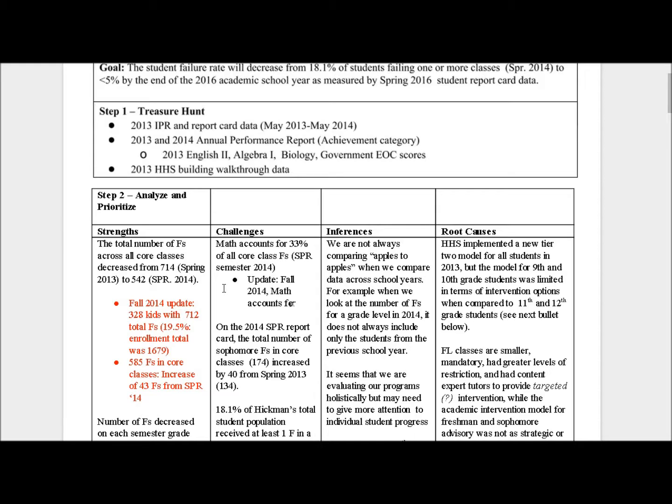And then the last data point that I felt was most pertinent to our treasure hunt was our Hickman High School building walkthrough data. One thing I'm trying to do this year is be very, very transparent. I know last year there was some concern about walkthrough data and the validity and reliability of that data, and a lot of confusion because it seemed like a very secretive process. The purpose was really just to collect some baseline data to see in what quadrants our teachers are teaching.